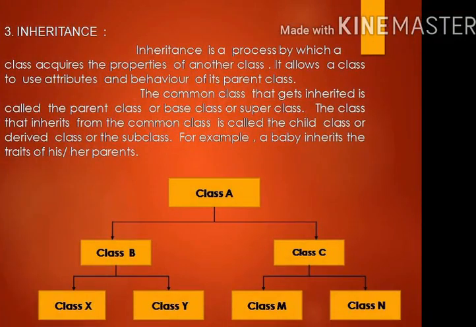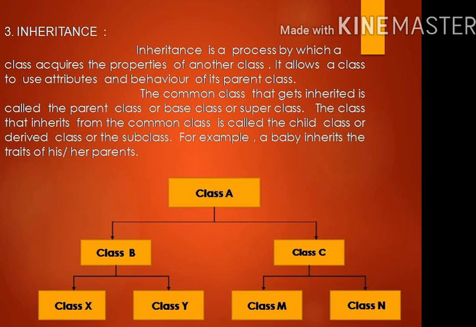The next slide is about inheritance. Inheritance is a process by which a class acquires the properties of another class. It allows a class to use attributes and behavior of its parent class.